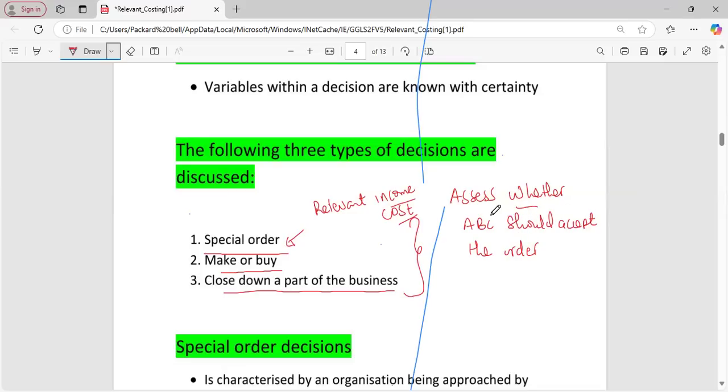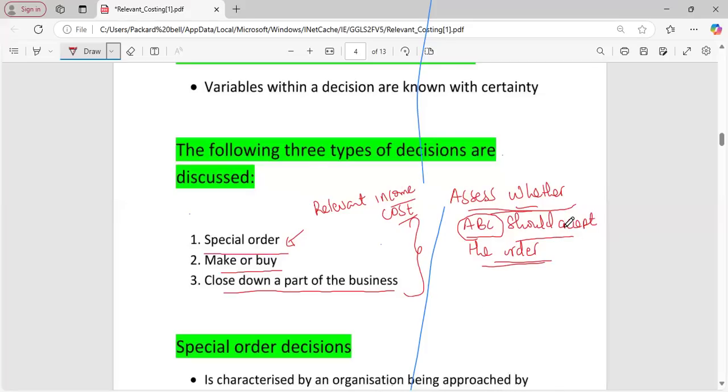Right. So I was saying we assess whether ABC should accept the order. That's the type of wording in the question: assess whether ABC should accept the order. You are given information about ABC's special order. In answering, you need to calculate.